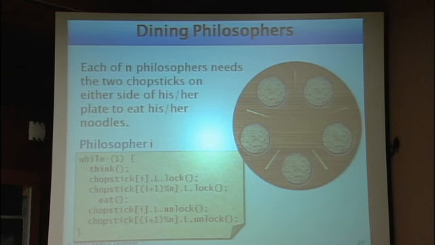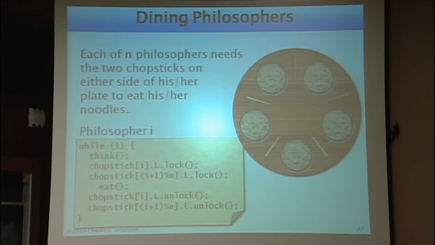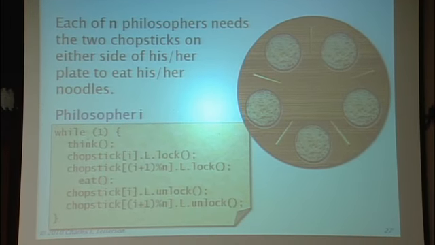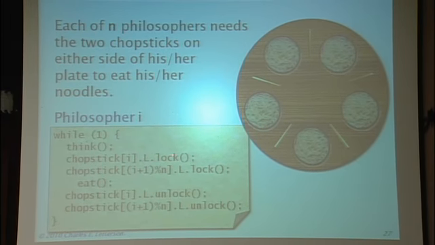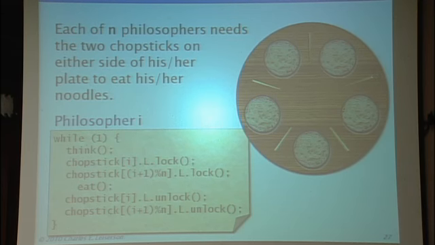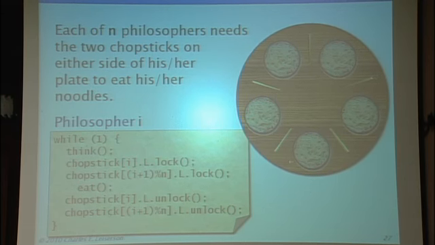what philosopher i does. In an infinite loop, the philosopher does thinking, because that's what philosophers do. Then it grabs the lock of chopstick i and grabs the lock of chopstick i plus 1.